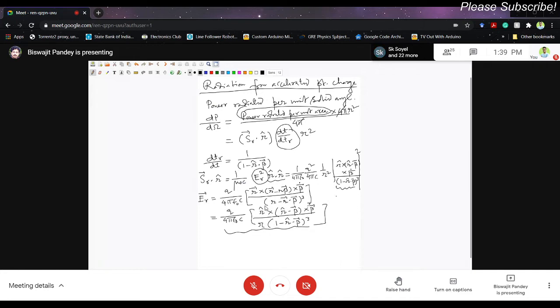Then if you plug this in here and put the value of dt/dt_r, which is the inverse of this, 1 minus r-hat dot beta.